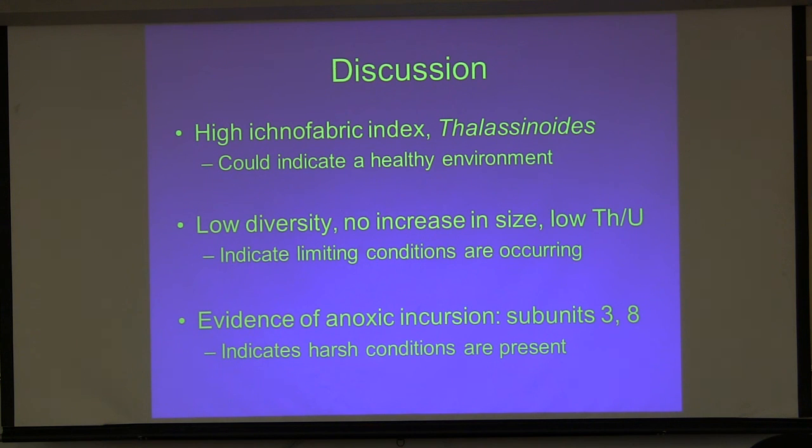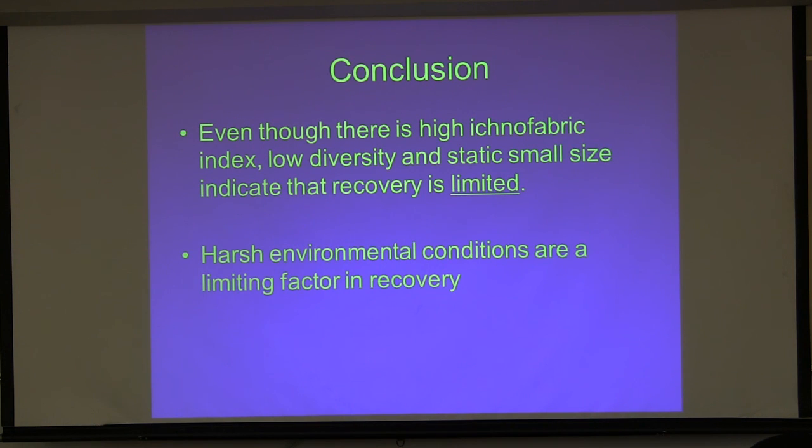The high ichnofabric index and thalassinoides could indicate a healthy environment. The low diversity and no increase in size and our low thorium-uranium readings could indicate that limiting conditions are occurring. There is also evidence of anoxic incursions in subunits 3 and 8, which would indicate that harsh conditions are in the region and invading this locality at different periods.